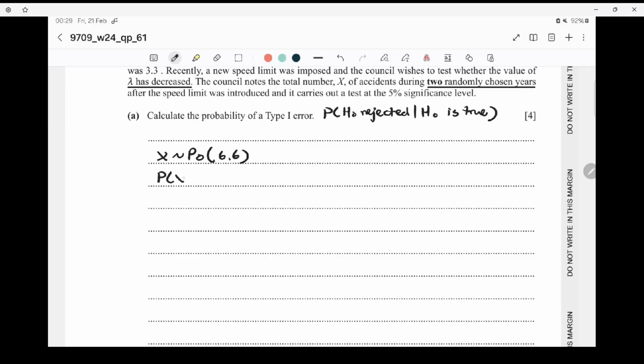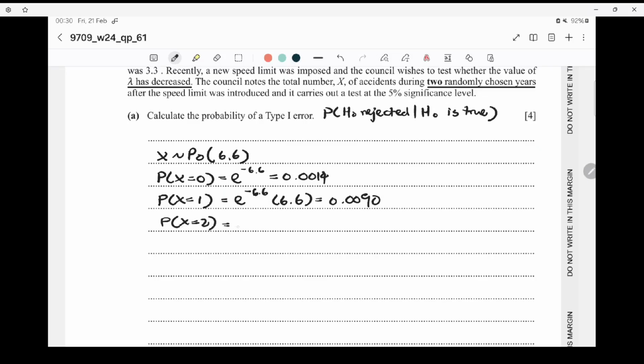So let's test P(X = 0). This is just e to the power of minus 6.6. If it is equal to 1, this is 0.0090.